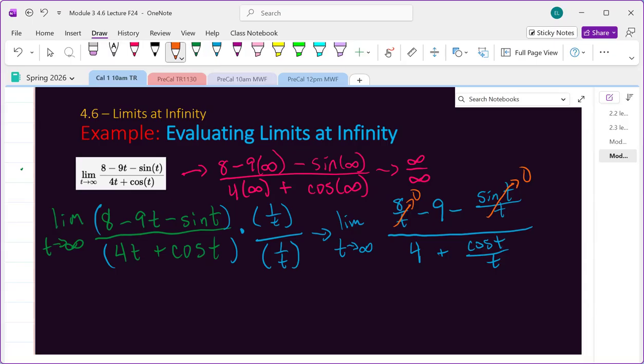The same with the cosine t over t. That's going to also force that little fraction to 0. So in the original, when it was just the sine t, that creates a problem. But when we put it over t, now that thing goes to 0, and we know it doesn't have as much control as that 9t does. So our limit here, we end up with negative 9/4.